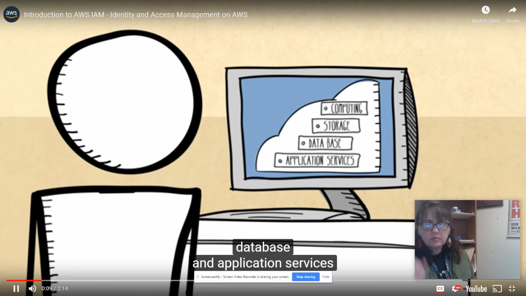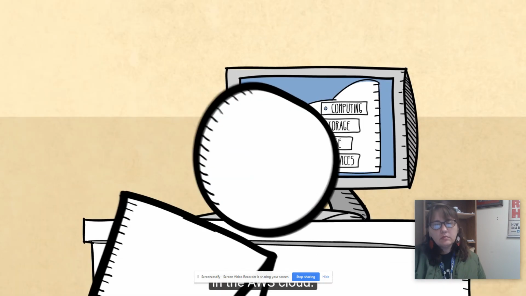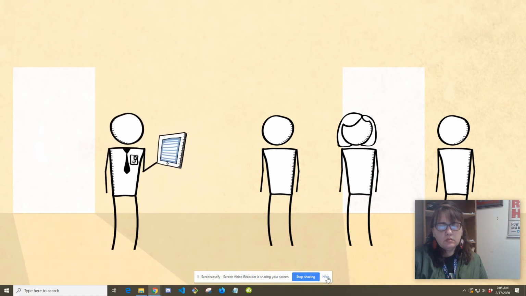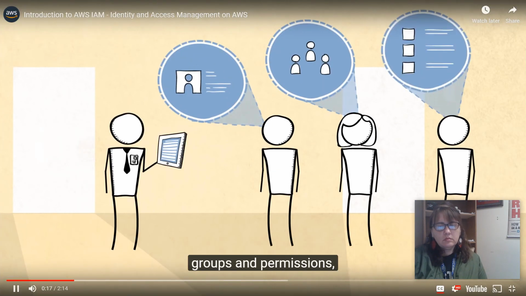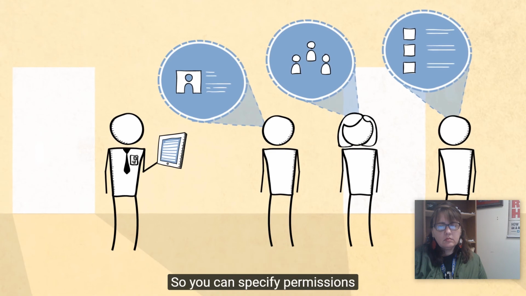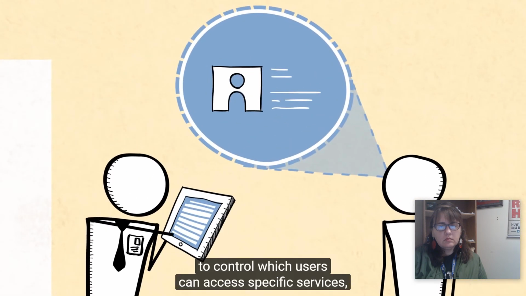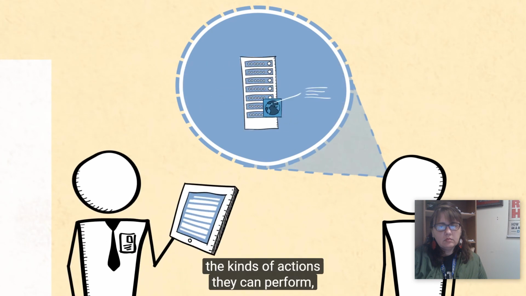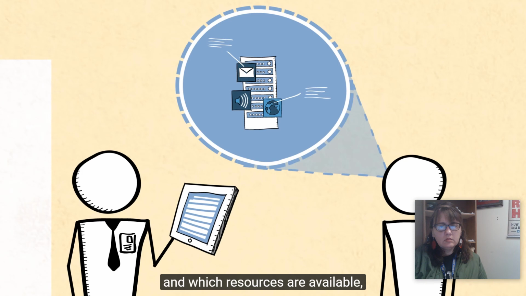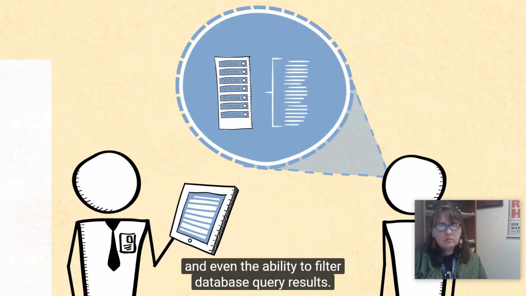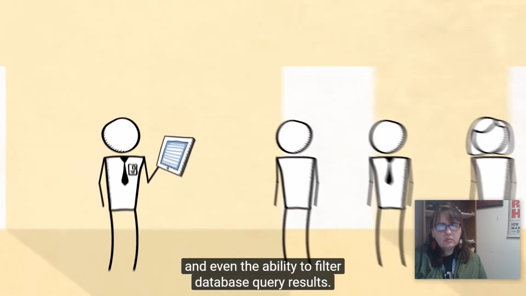Database and application services in the AWS cloud. IAM uses access control concepts you'll already be familiar with, such as users, groups, and permissions, which get applied to individual API calls. So you can specify permissions to control which users can access specific services, the kinds of actions they can perform, and which resources are available, ranging from virtual machines and database instances to even the ability to filter database query results.